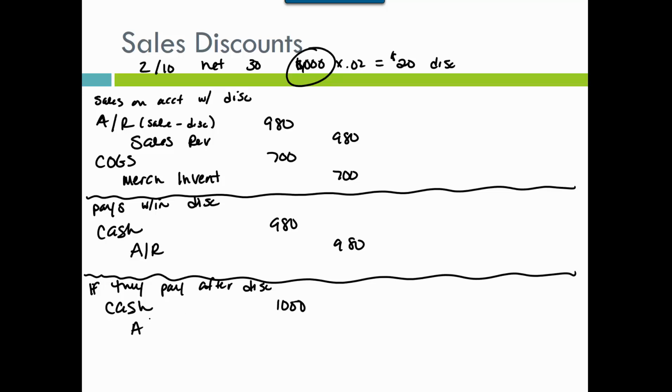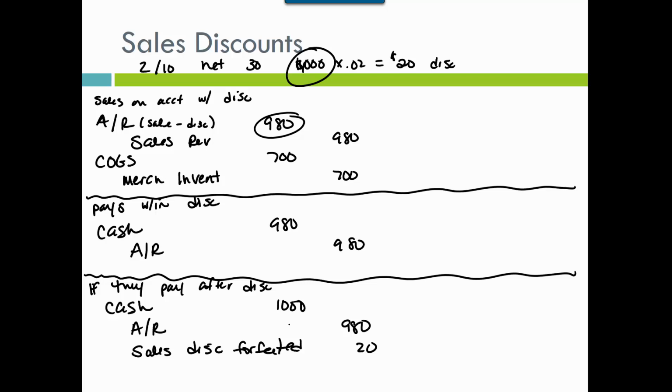I'm still going to credit accounts receivable, but there's only $980 in accounts receivable. So that's all I can take out of accounts receivable. So I've got a $20 difference here, and this goes to an account called sales discounts forfeited, which is a type of revenue. It actually gets counted under other revenue with our financial statements.